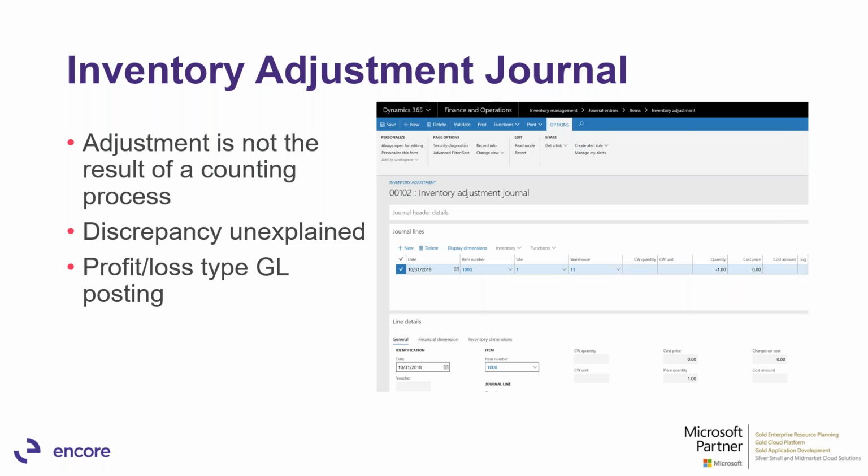The adjustment is also not part of a counting process because then we would be using the counting journal. What we need to understand is that the right scenario to use the adjustment journal in this system is when the discrepancy does not have a known origin, or in other words, is unexplained. Also not, like I mentioned, discovered during the count process.